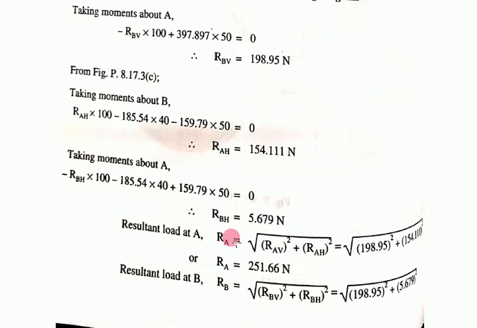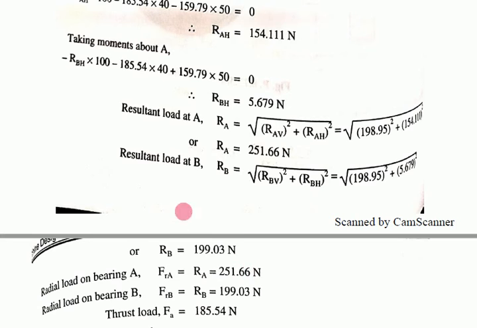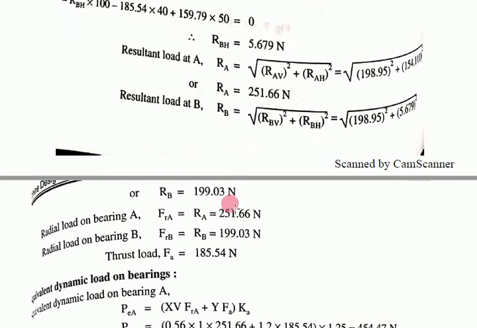Okay, so resultant load at A, that is under root RAV squared plus RAH squared. So for vertical at reaction A, for horizontal at reaction A, we can find RA here. Same way resultant load at B, so we can find RB.